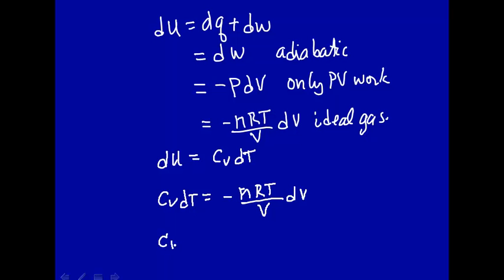So this would be CV dT over T, that's equal to minus nR dV over V. Now we have the variables on the right side of the equation and left side of the equation, so let's integrate both sides. This will go from T1 to T2, and this will go from the corresponding volume V1 to the second volume V2.